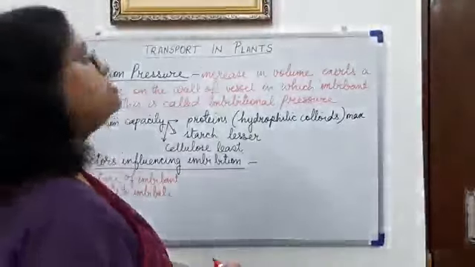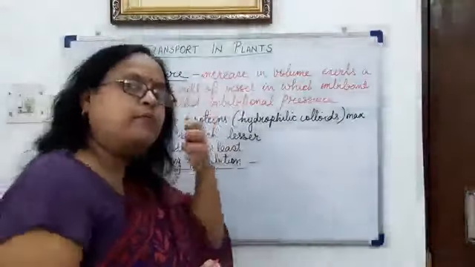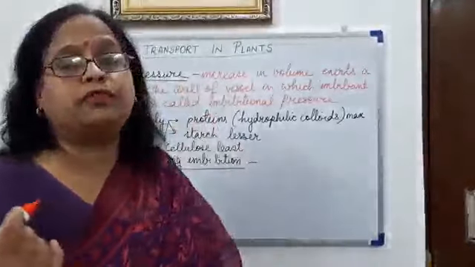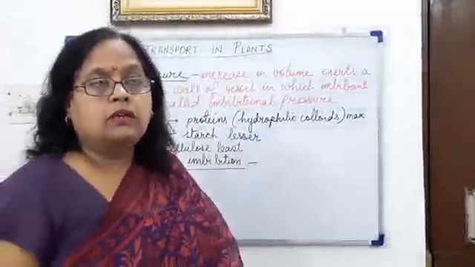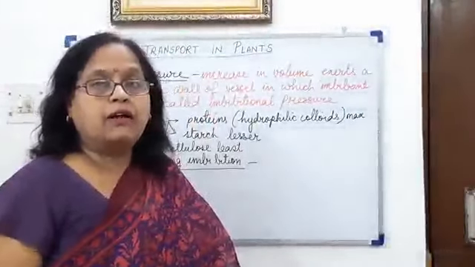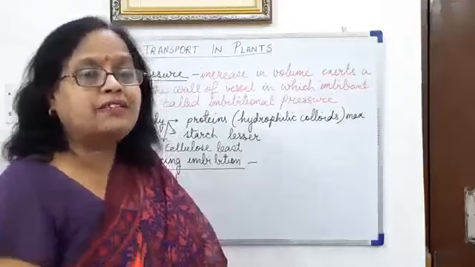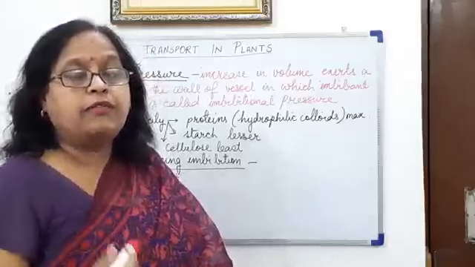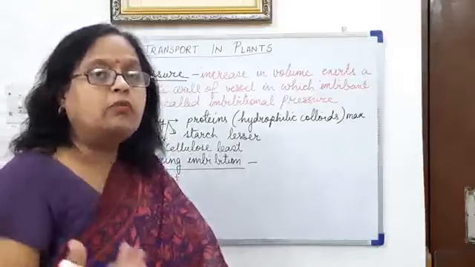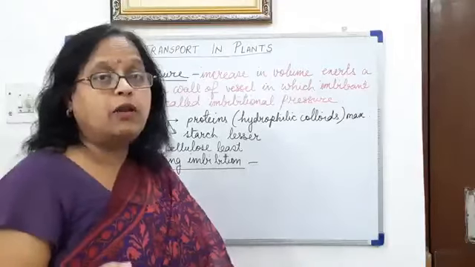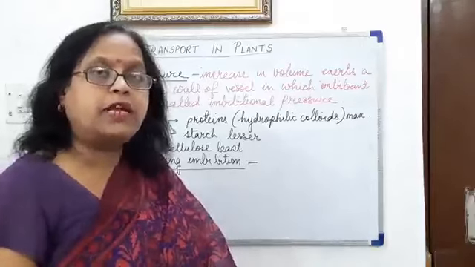We can see this with the example of seeds soaked in water. When we soak proteinaceous seeds like pea seed or gram seed, they swell more. They become almost double or triple their size.